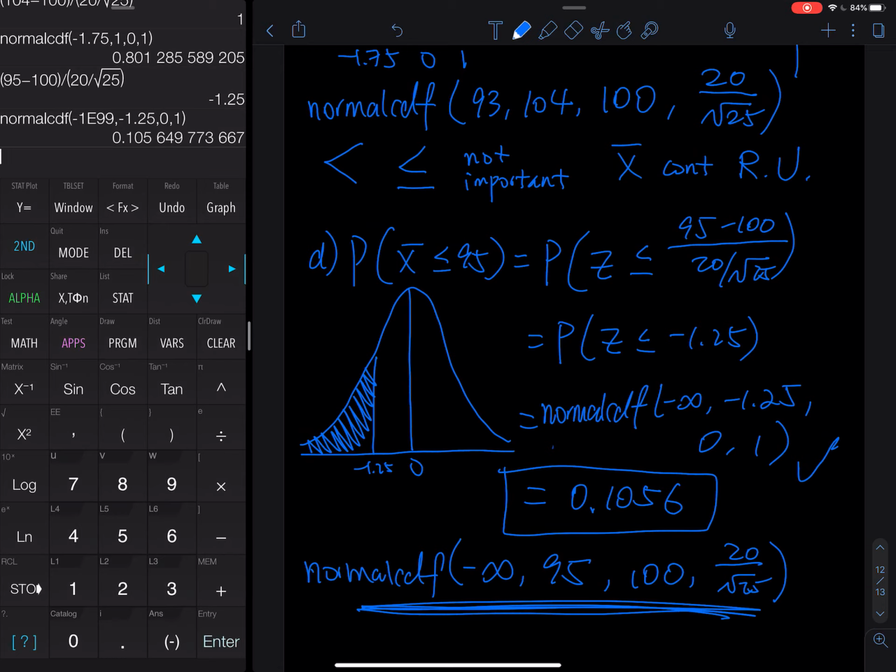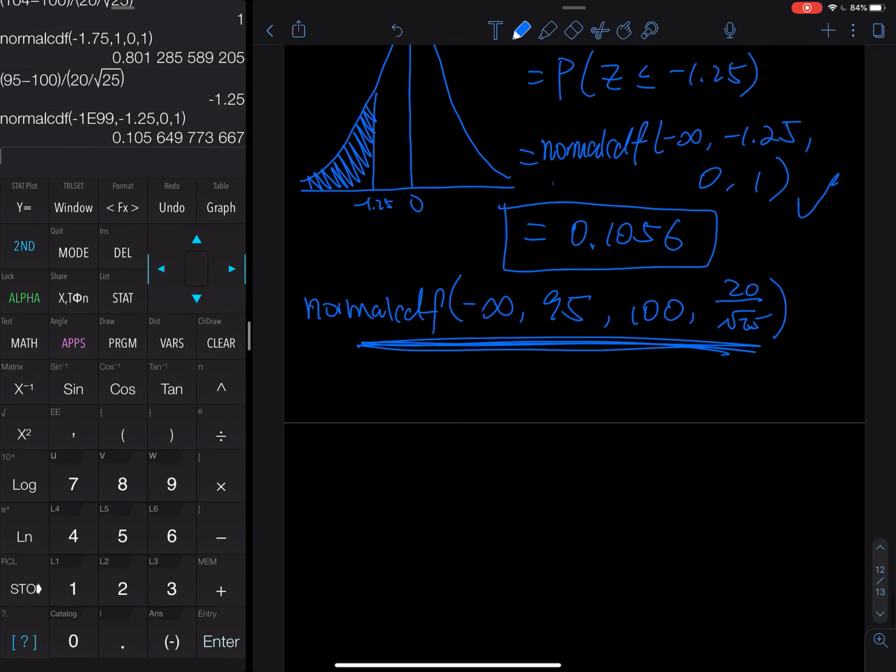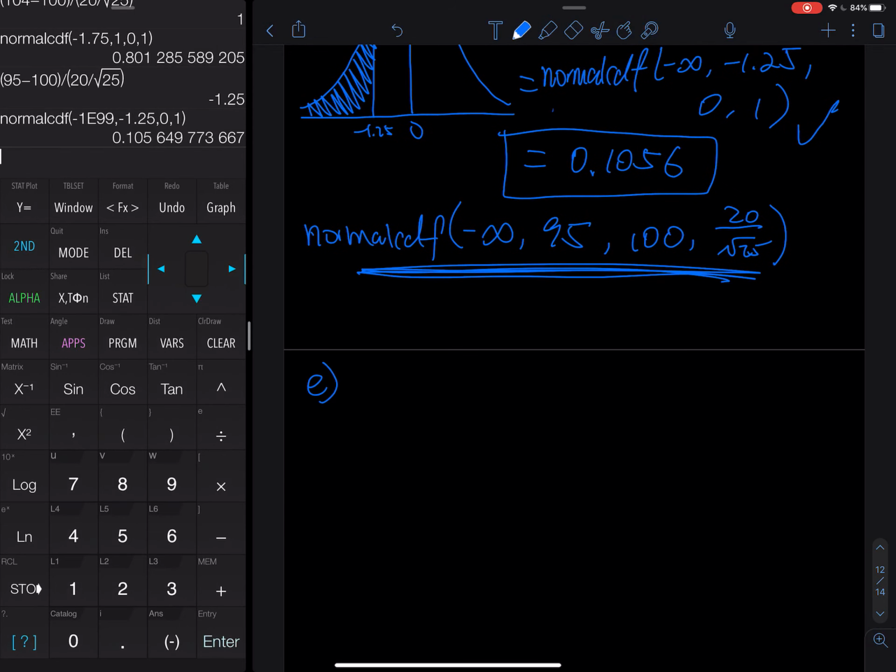And then for part E is at least 107.5. So D and then E, at least. So that is X. At least that will be a greater than or equal to 107.5.